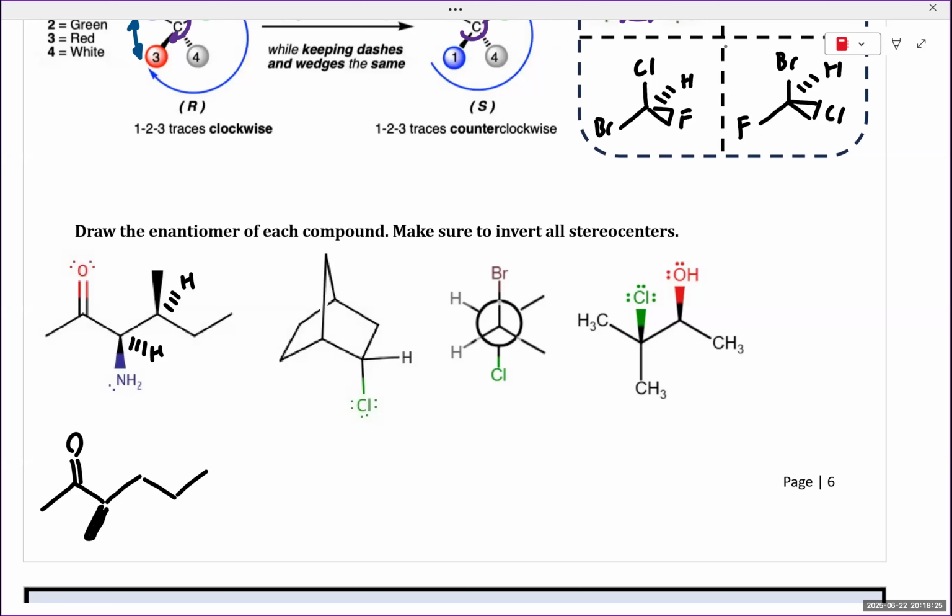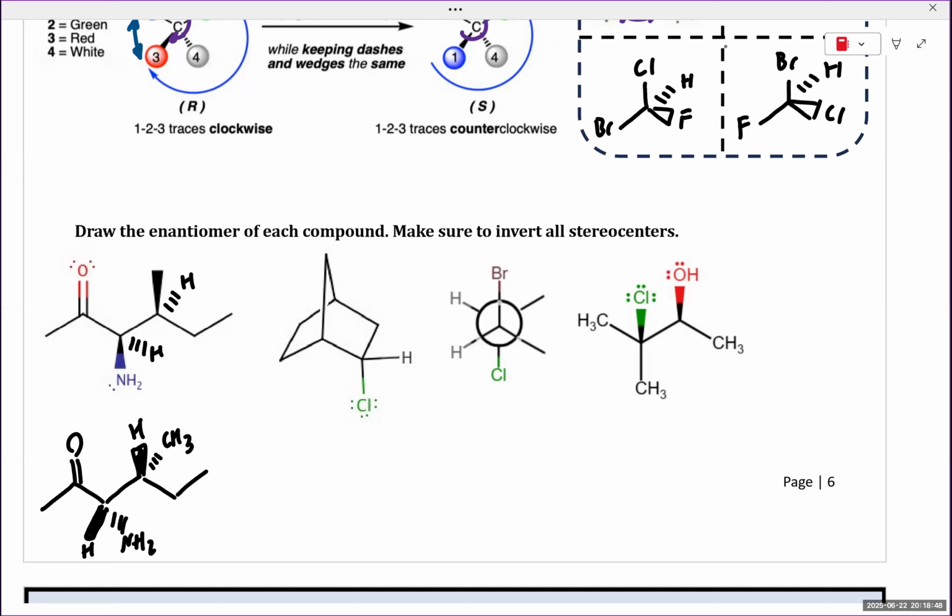So the hydrogen, which originally had a dash, gets a wedge. The amine, which originally had a wedge, gets a dash. In this case, hydrogen originally had a dash, it gets a wedge. The methyl group, which was wedged, is now dashed. So we keep the skeleton the same and invert each of the stereocenters.